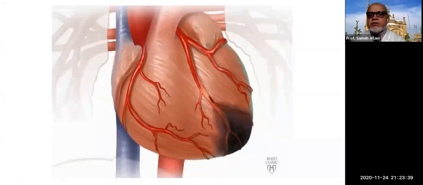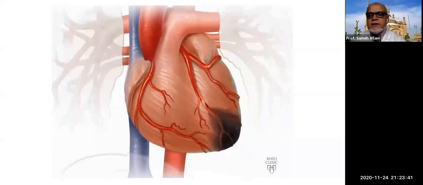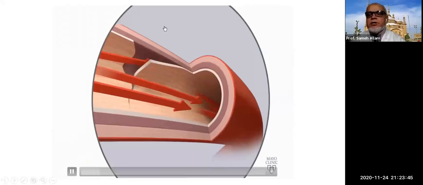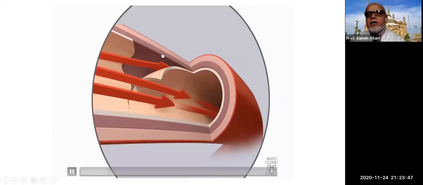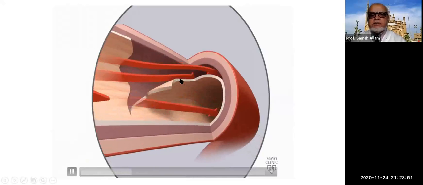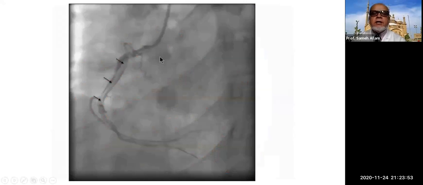But in dissection, the false lumen is separated from the outside by most of the media and the adventitia of the blood vessel. So they are totally different. Perforation is an exaggeration of dissection. Dissection is a smaller step in the perforation pathology.